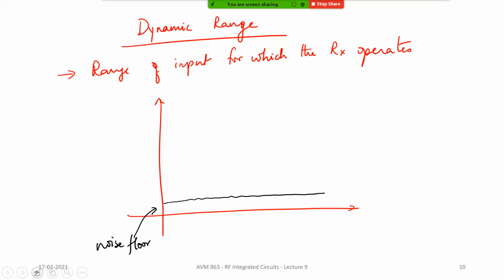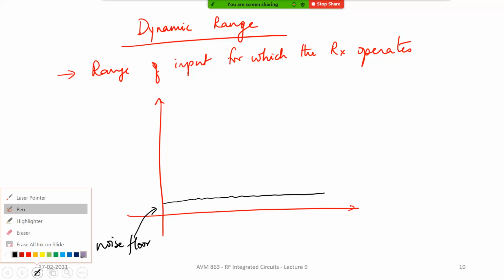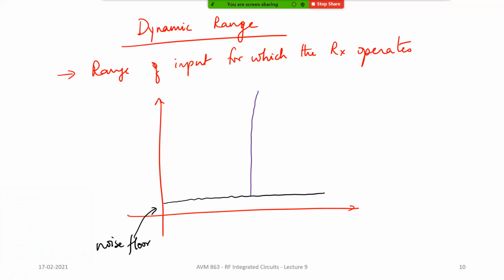Now on the higher side, what is limiting your performance? Non-linearity. Now how much higher? We know very well about the bottom limit, which we derived just now: sensitivity. Below that, you can't receive any signal. On the higher side, how to understand?